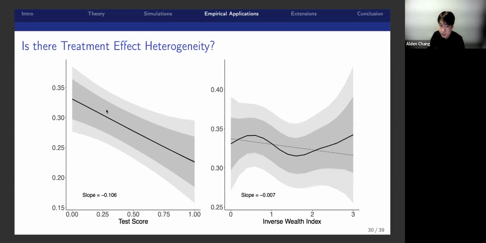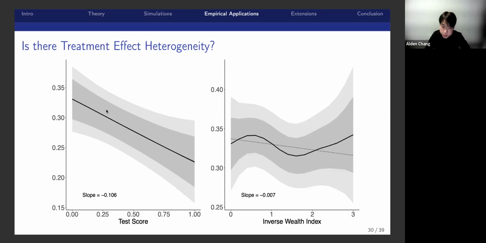An example of this is Kline and Walters. They have a paper studying the effects of Head Start. And what they find is that students whose returns to education are basically the highest are also typically the least likely to take up additional education.